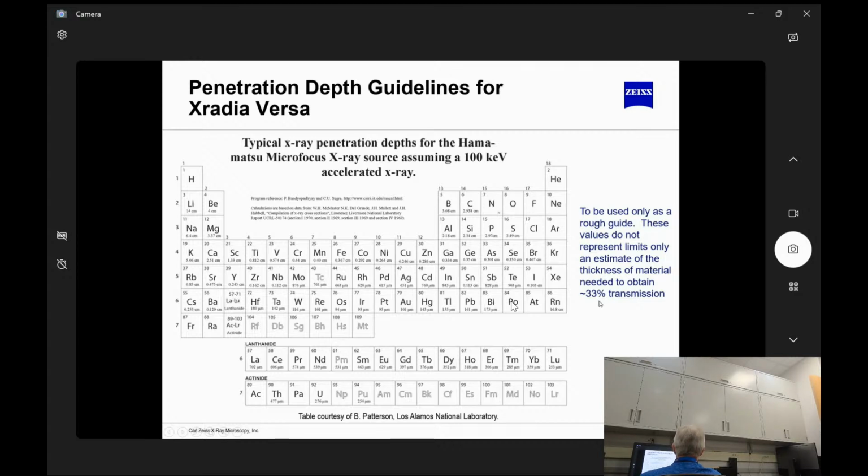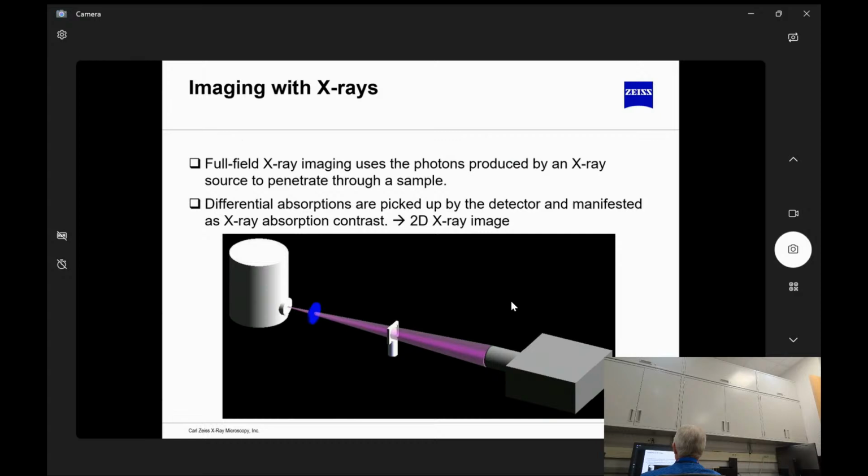I told you before, we can go down to maybe 5% transmission and then just increase the count time. The nice thing about the Versa is that you can count for a long time and the beam will stay stable, so it is possible to look at things like microelectronics at lower kVs and still get good contrast. Not perfectly, as you'll see in a minute.